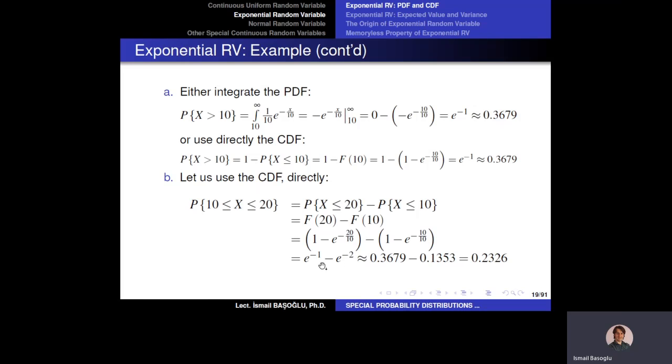So this means we are subtracting e to the power minus 2 computed here, because ones will cancel out and there's a minus sign here. We are subtracting e to the power minus 2 from e to the power minus 1. And the result is going to be, by the use of a calculator, 0.2326. Okay.